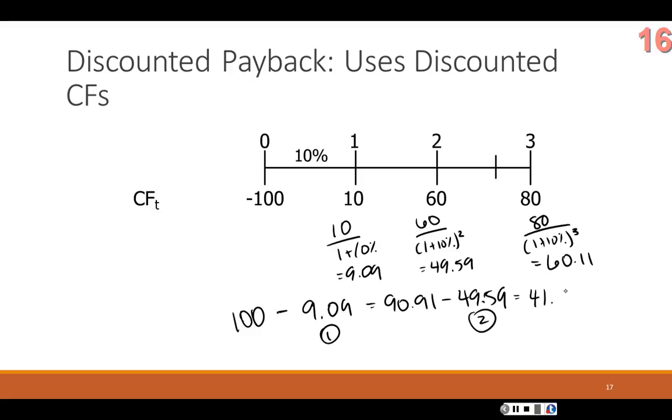That means that we still needed to recoup $41.32. $41.32 is less than $60.11, so we divide. And we get 0.7. So it takes 2.7 years to recoup our initial investment when we're looking at discounted cash flows. 2.7 years. So we recover our investment plus our capital costs in 2.7 years.